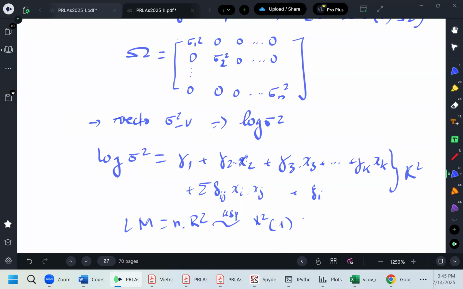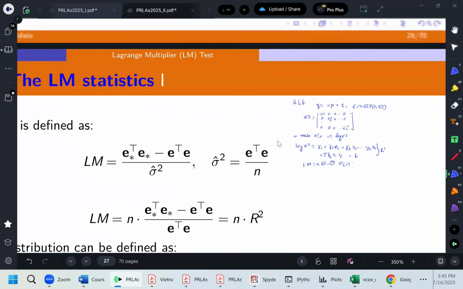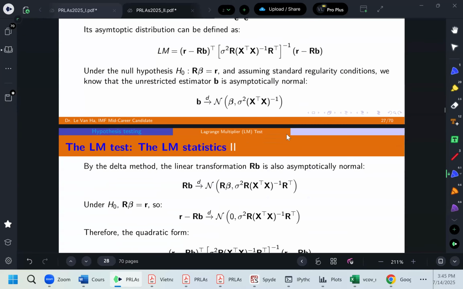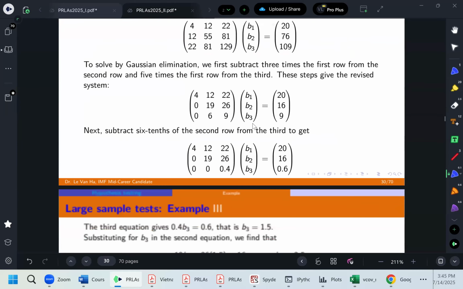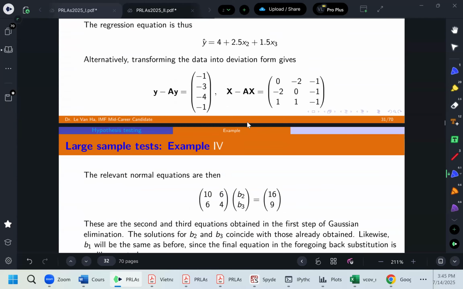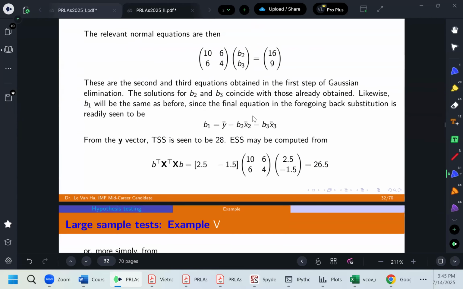And the origins of the LM that you often see when you do the econometrics. Okay, so I took an example here, but it's just for you when you want to deepen your knowledge. This is very much something that I look forward to if you intend to become a researcher in the future.